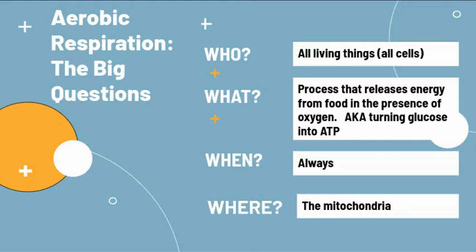This happens in the cells of all living things, and our cells are constantly undergoing cellular respiration all the time. And this process occurs in our mitochondria, which is why, as you probably remember from middle school, we always say that the mitochondria is the powerhouse of our cell. It is the area where our energy is being created.